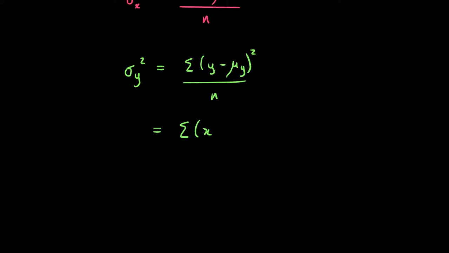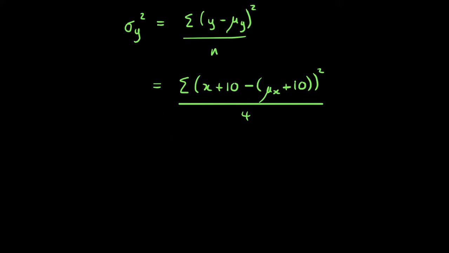Our y is x plus 10, and our mean was our mean of x plus 10, because that's the result that we've just got. So this thing is going to simplify, and it should simplify quite nicely. Our n is 4 in this case, because we're going to have on the inside of this 10 minus 10.